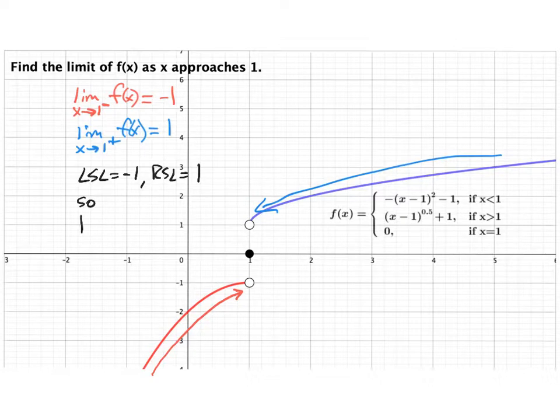So the overall limit of f of x as x approaches 1, let's point out here that the left side limit does not equal the right side limit. So the limit of f of x as x approaches 1 does not exist.